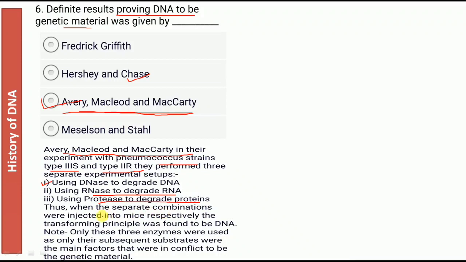When the separate combinations were injected into mice, the transforming principle was found to be DNA. Only these three enzymes, DNase, RNase and protease, were used, as only their respective substrates were the candidates for the genetic material. Hence, it was proved by them that DNA was the genetic material. These three people proved it.